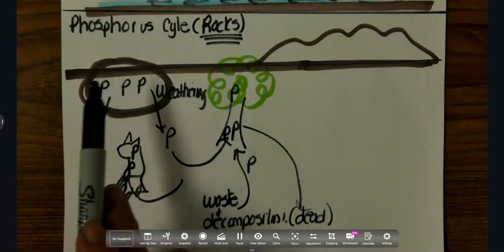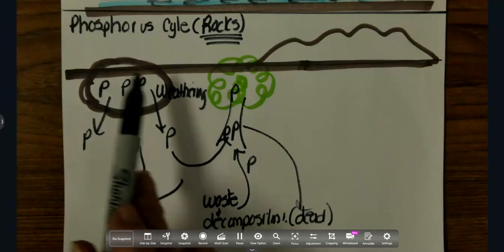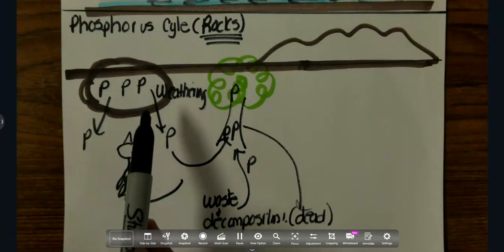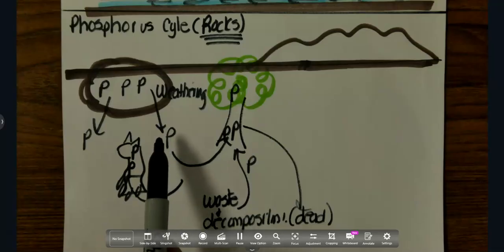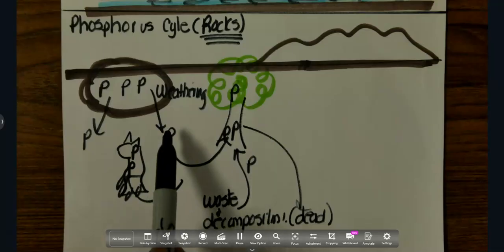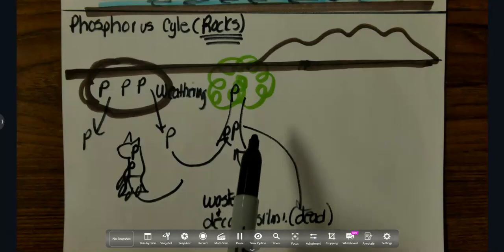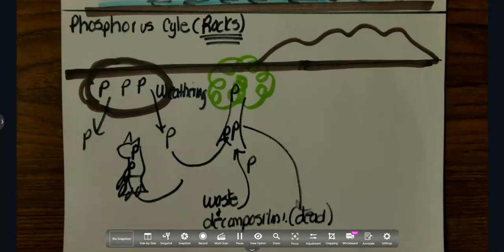So it really starts with the weathering of rocks. That's where we're going to start the phosphorus cycle. But then that is going to get that into the soil and into our environment through the dirt, through the soil. And then that is going to end up being processed into plants and animals, which then we eat.